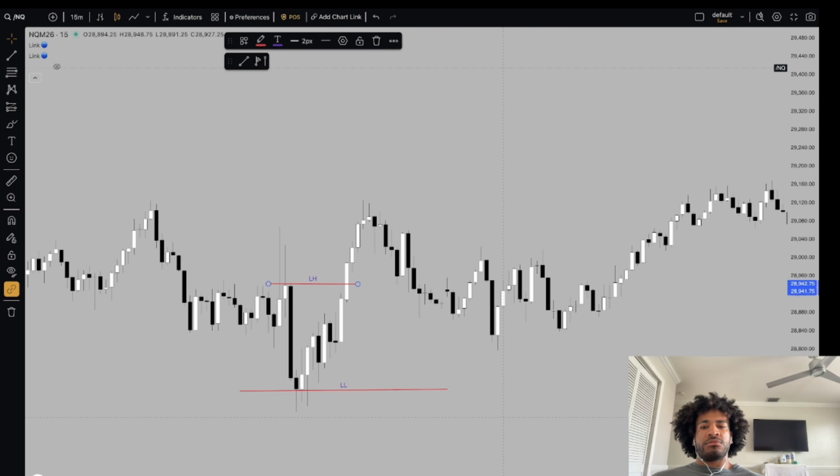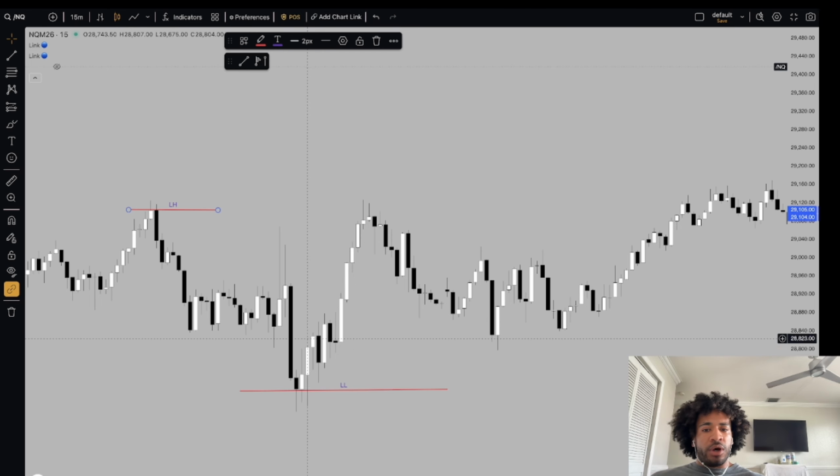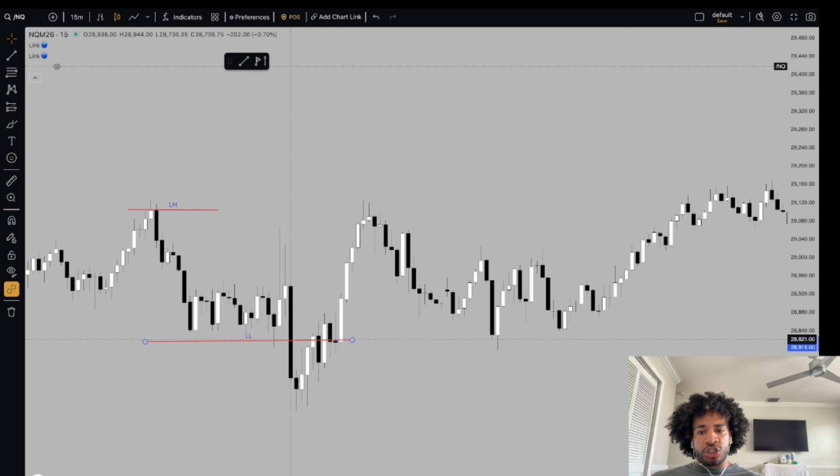Which one? You got it right, 3. Okay, psych, no. This is still our lower high. Anything that happens in between is called what? Market structure.